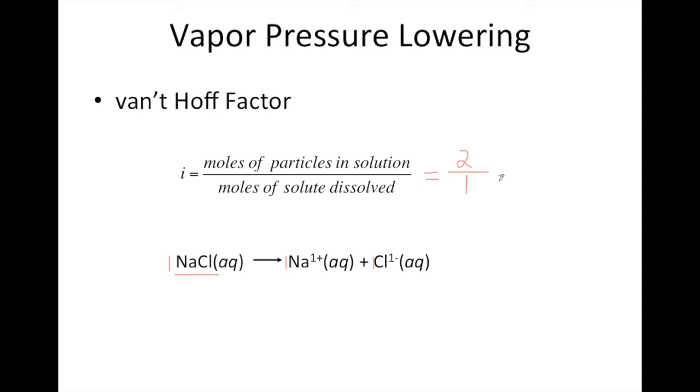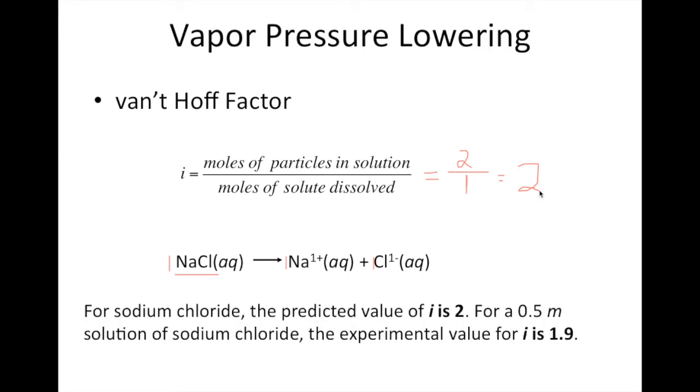So ideally, assuming 100% dissociation, the van't Hoff factor for sodium chloride would be 2. It just tells us how many particles we would get. However, the experimental value for sodium chloride is 1.9. So it's a little less than 2, indicating that sodium chloride does not quite dissociate 100%.